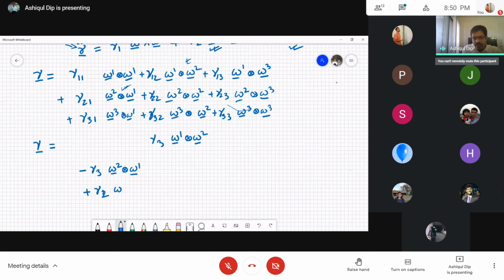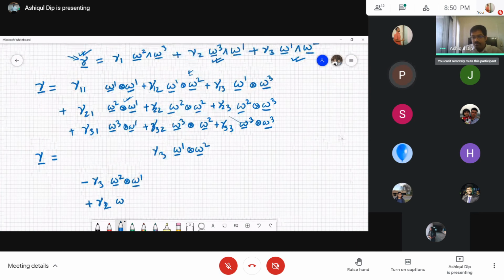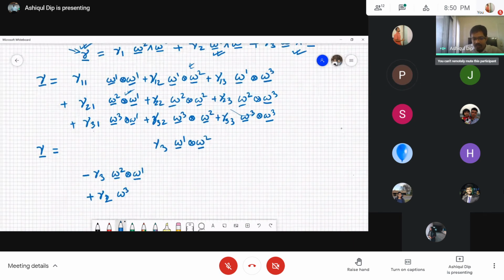So then gamma 2, then omega 3 times omega 1, right? Okay, then we should have the opposite one as well. So negative gamma 2 omega 1 times omega 3, right?